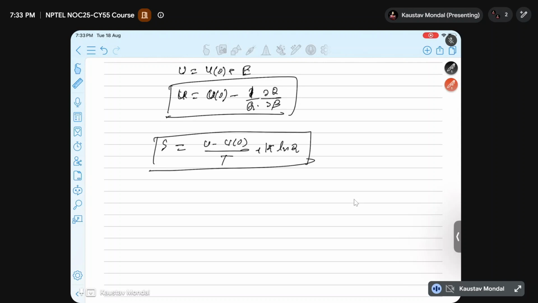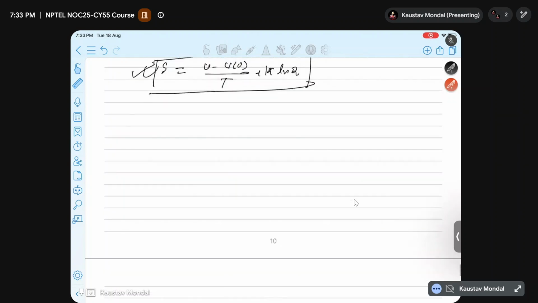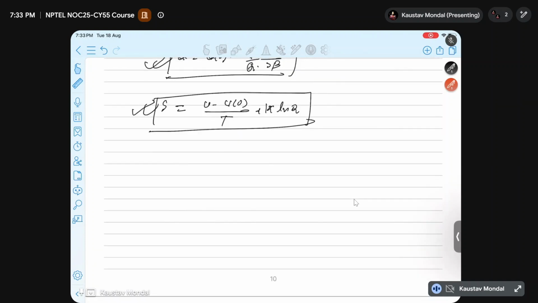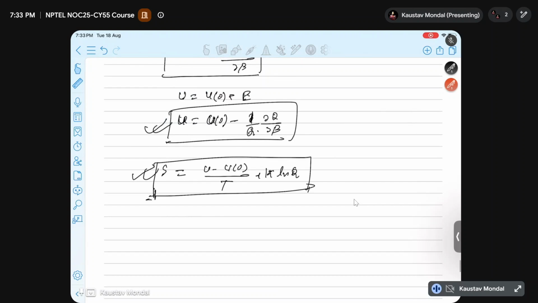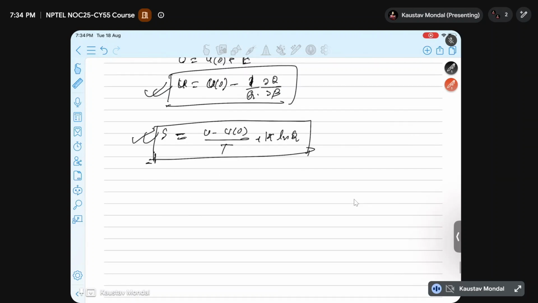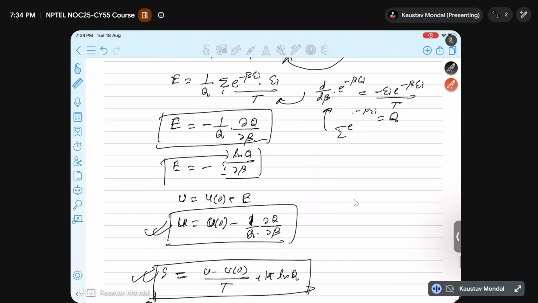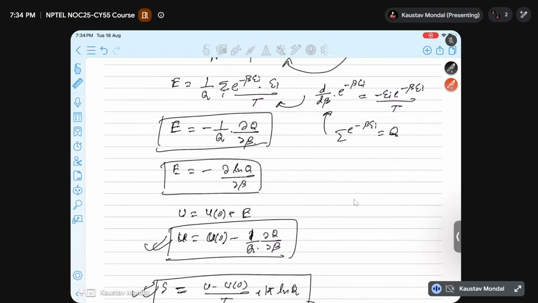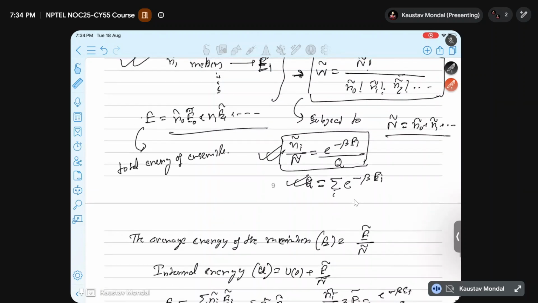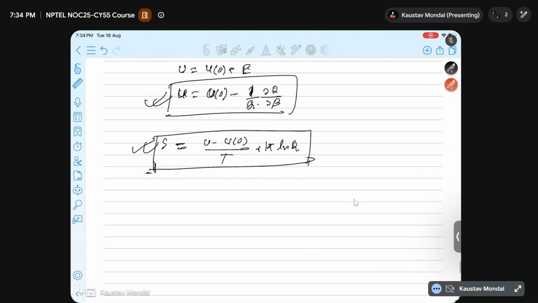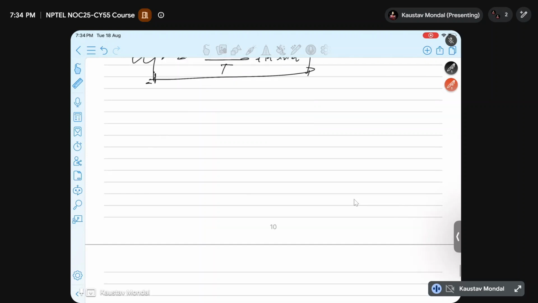Similar way we get the expression of entropy for simple, non-interacting systems, for a single system. Similarly, using this total partition function, you can get the entropy. Similar type of formula here also. So for this canonical ensemble, we get the expression of the partition function, and from there we get the expression of total energy, average energy of each of the members, internal energy, as well as the entropy. Now we'll do some problems on that.